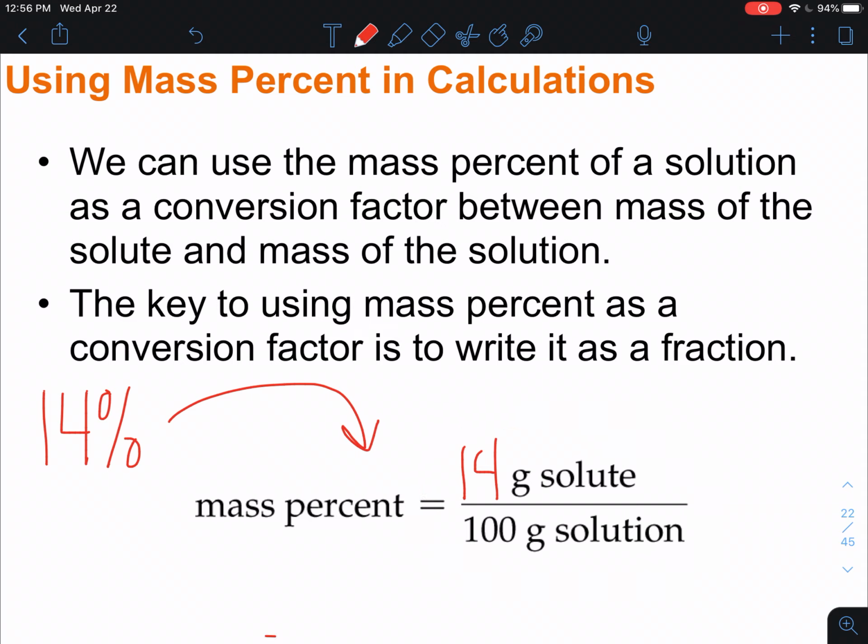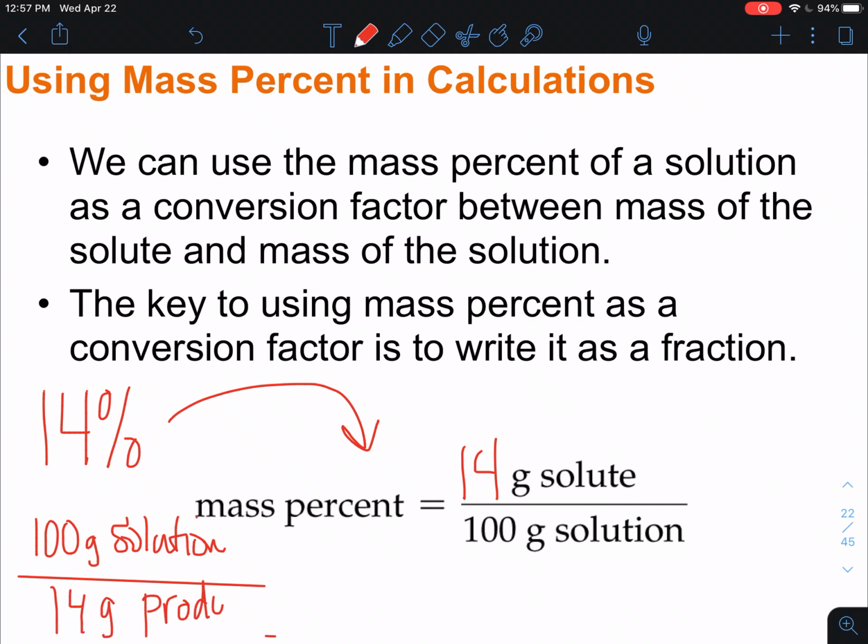The other conversion factor that we can write is 100 grams of solution over 14 grams of solute.